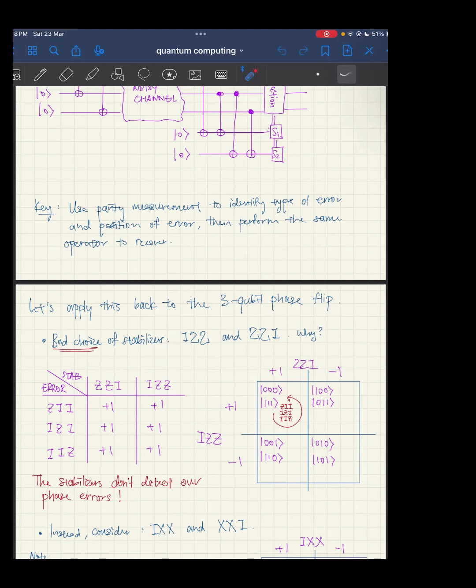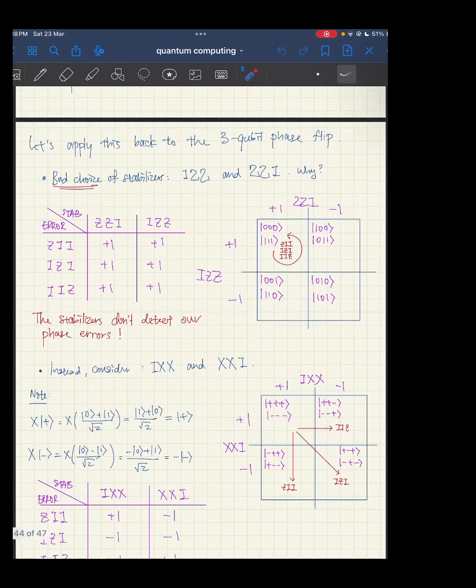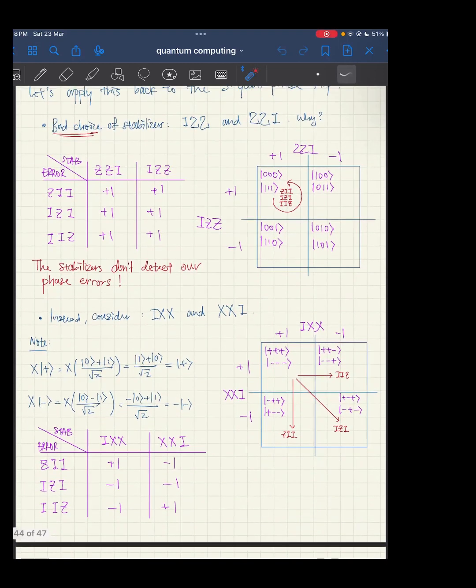So we want to choose a different set of stabilizers that can actually detect the error. Instead, let's consider these stabilizers, IXX and XXI. First of all, note that when you apply an X gate on the plus state, we get back the plus state.